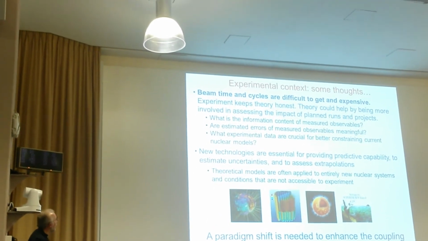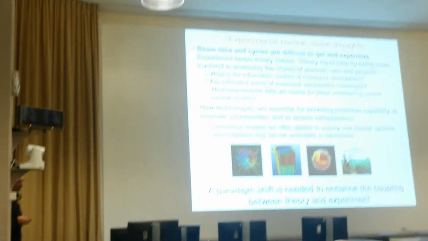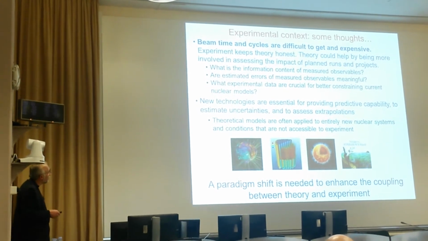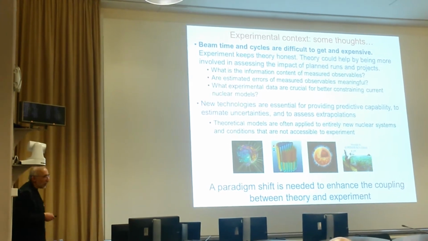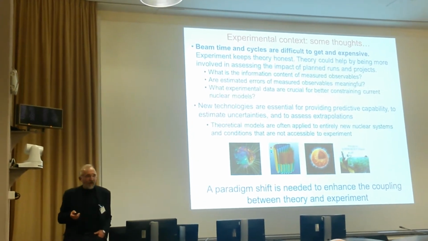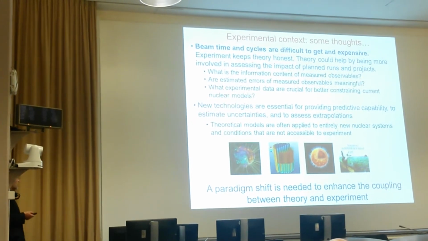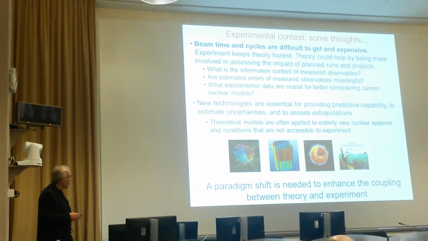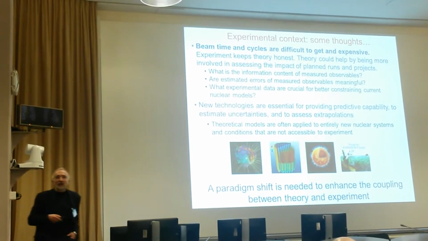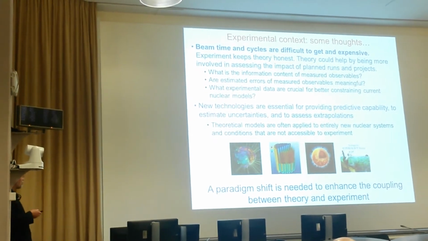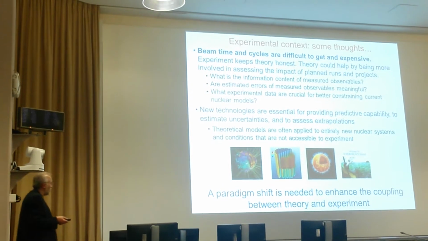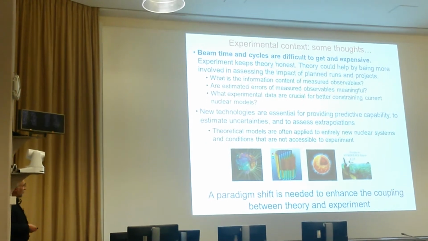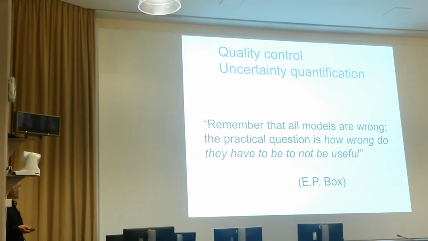There are many ways of doing this, and new technologies in developing theoretical uncertainties are essential for providing predictive capabilities to nuclear models, especially if one wants to do extrapolations to the areas which are not accessible to experiments, such as supernova or reactor cores or neutron stars or super heavy elements, which are well outside the range allowed by current beam and targets. So there's a paradigm shift needed to enhance the coupling between theory and experiment.